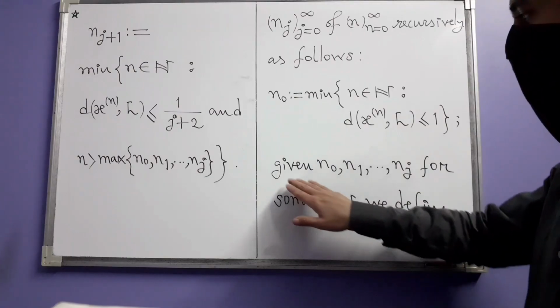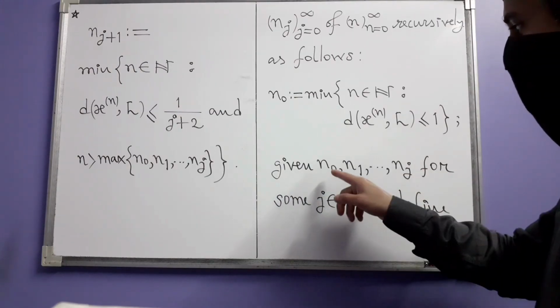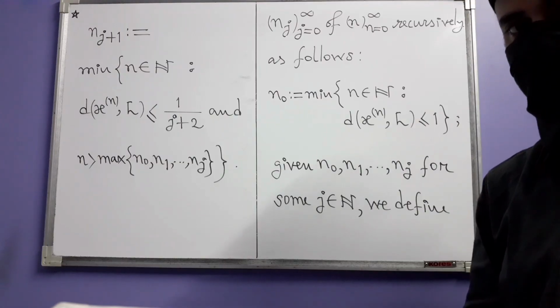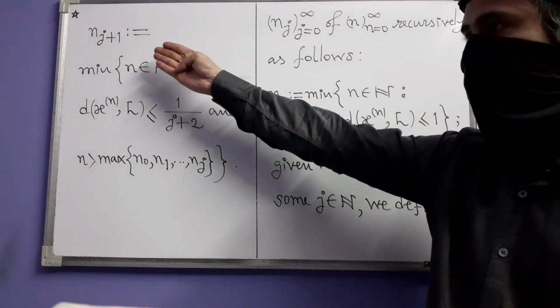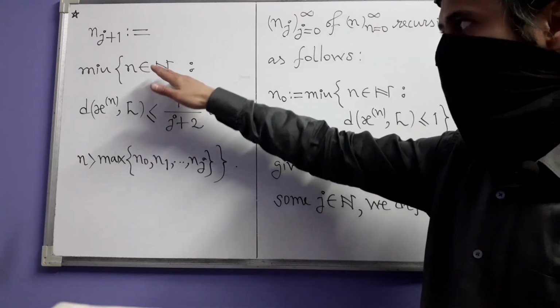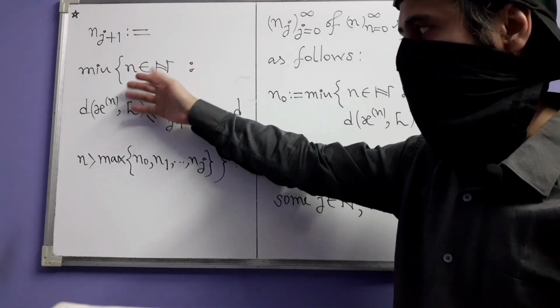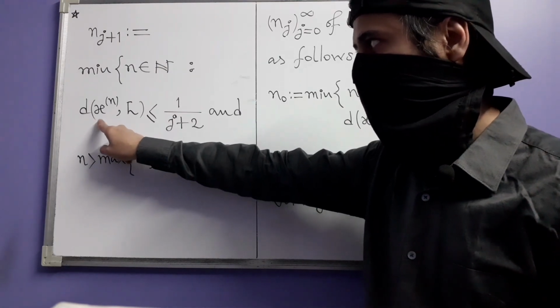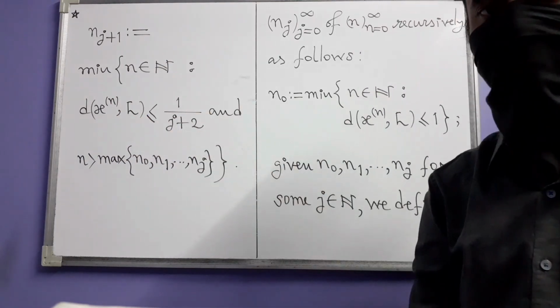And then, given these ni's which have already been defined, n0, n1 up to nj, say, for some natural number j, we next define n_{j+1}. This one is also the minimum of a set, the set of those natural numbers n such that this time the distance between xn and L is less than or equal to 1 divided by j plus 2.